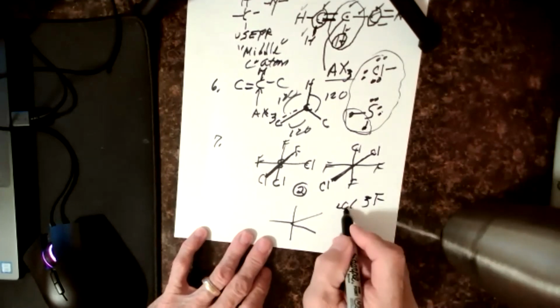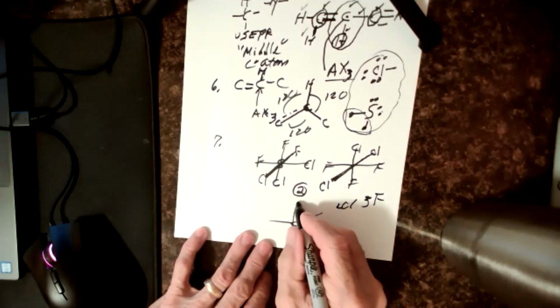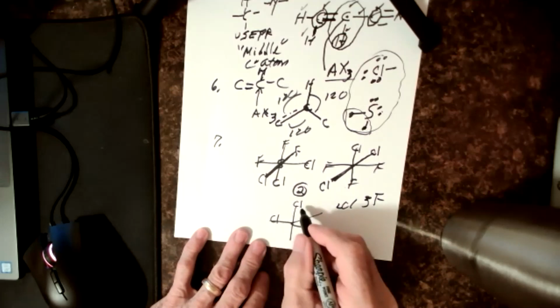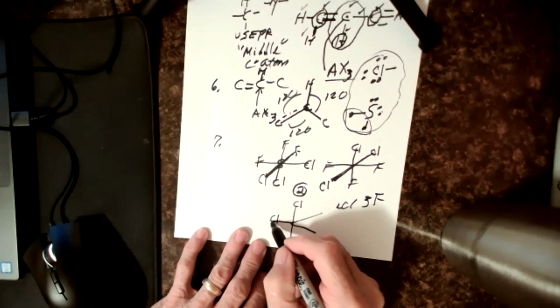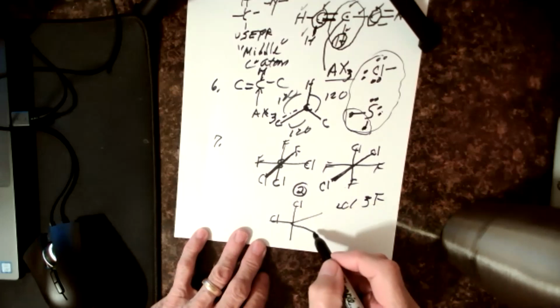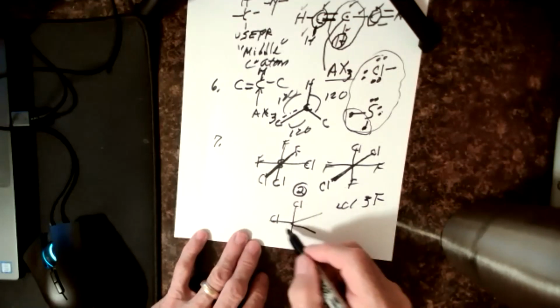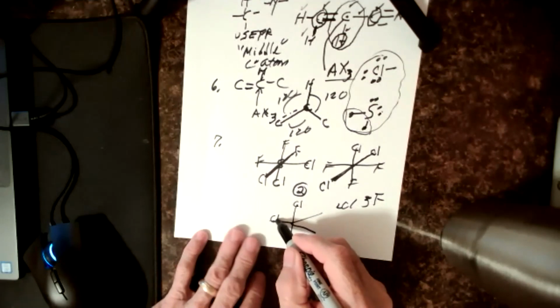Well, I'm going to do the 2 chlorines. How many ways can I put 2 chlorines on? I can put one here and one here. Now, that's one axial, one equatorial. That's the same if I put this chlorine over here or this chlorine over there. So that's one of the isomers, one in the axial and one in the equatorial.